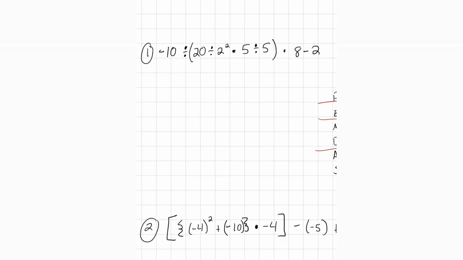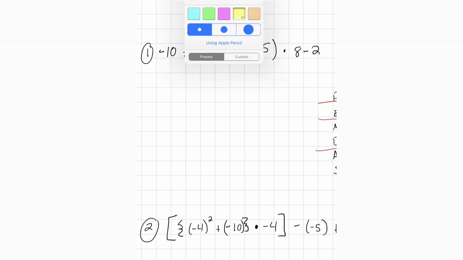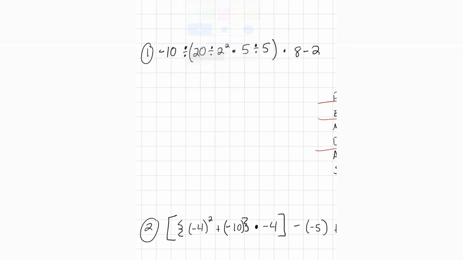So we start where we always start, which is parentheses. Everything inside of our parentheses is where our focus has to be. Even though there's a lot of other things happening in the problem, we have to just focus on this mini problem inside of our larger problem.